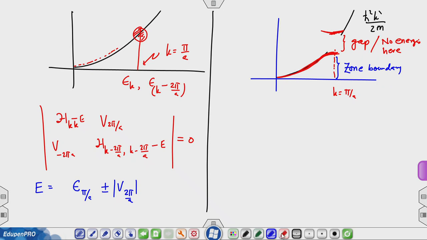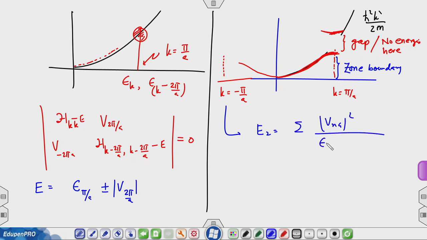Similarly, if you go to the other side, now let me extend it to the negative side. If I go to the other side at k equals minus pi by a, if I take that second order correction, |V_ng|^2 over epsilon_k minus epsilon_(k+ng), at k equals minus pi by a, E(k plus 2 pi by a) is the same as E(k).